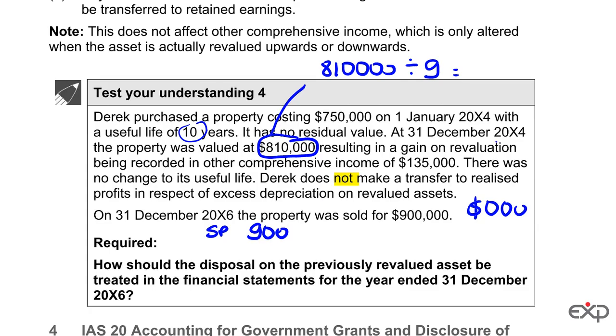Now, from the date that it was revalued to the date that we dispose of it is 2 years. So the depreciation that we've got to date is 180. Therefore, the carrying amount of this item is the revalued figure less the depreciation to date, which is 630.